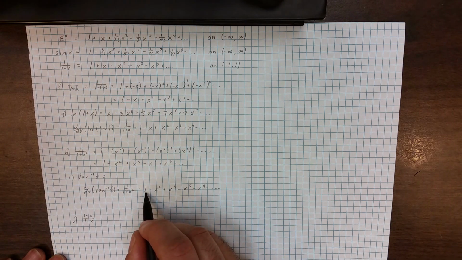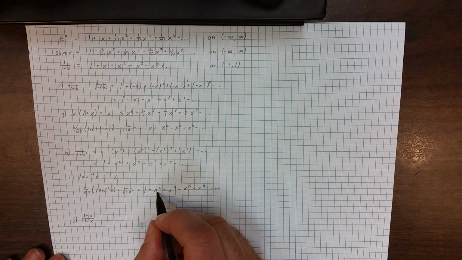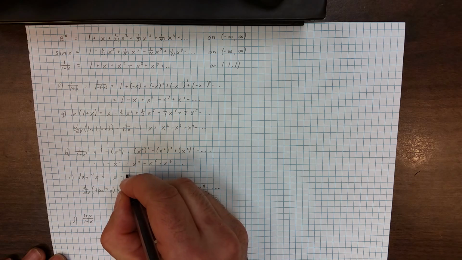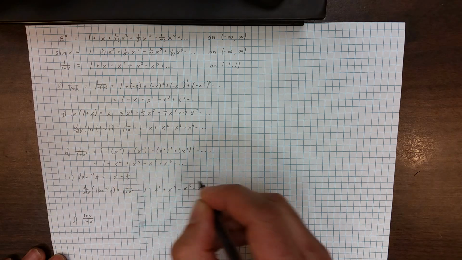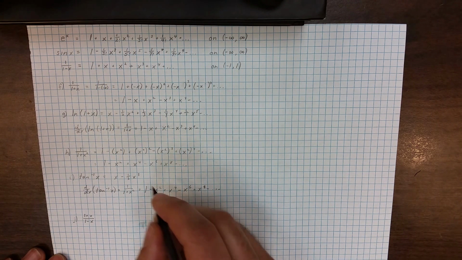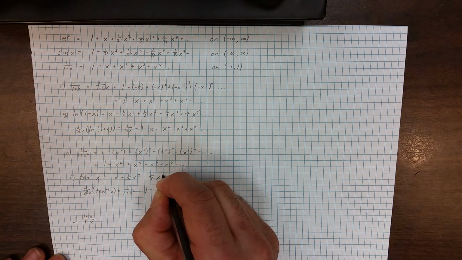And if we antidifferentiate 1, we end up with x. If we antidifferentiate x squared, we end up with minus 1 over 3 x cubed. If we antidifferentiate x to the fourth, we have plus 1 over 5 x to the fifth.